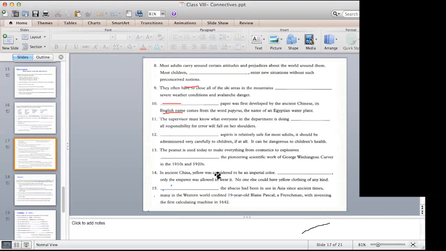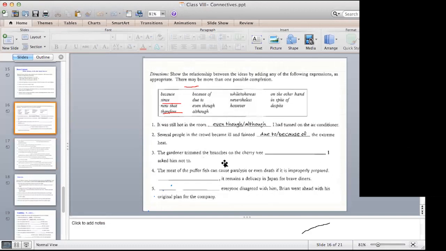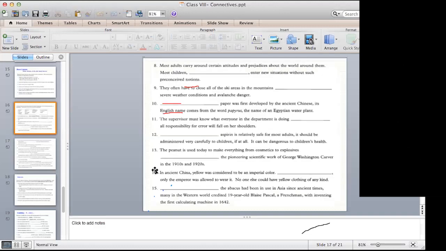"So" means it's about the effect, okay? So consequently, or therefore, what do we have in the list? We have therefore here. Therefore is the consequence. Therefore, only the emperor was allowed to wear it. No one else could have yellow clothing of any kind. So this is a kind of effect or result. Why was the emperor the only person to wear yellow? Because it was considered to be an imperial color.